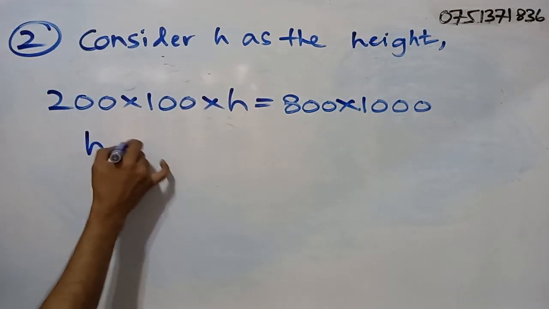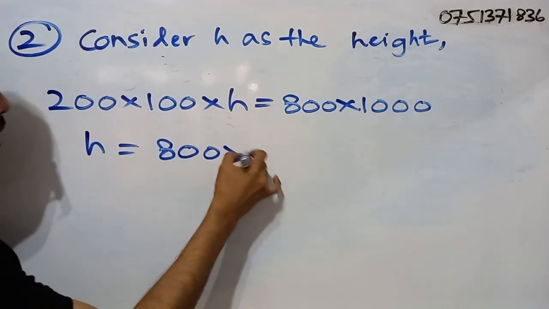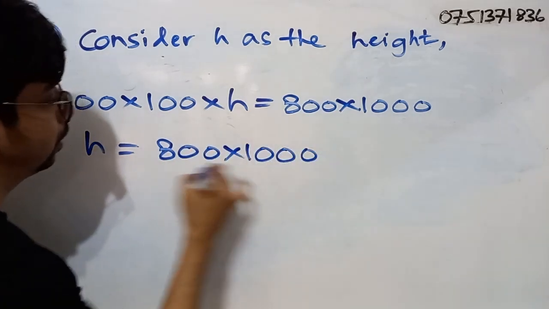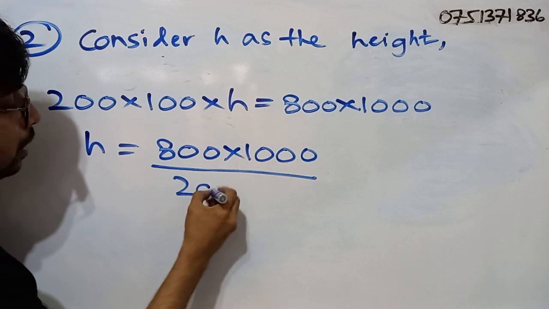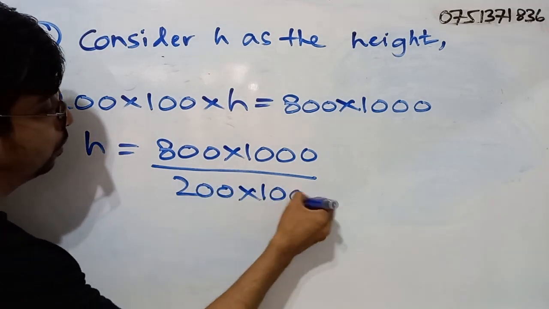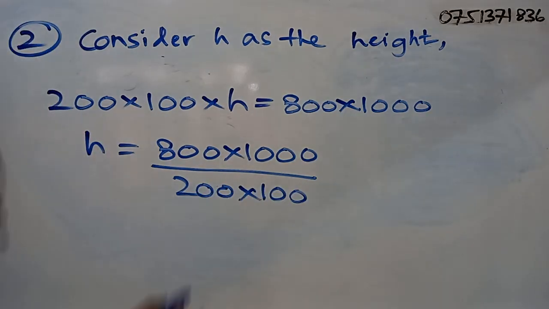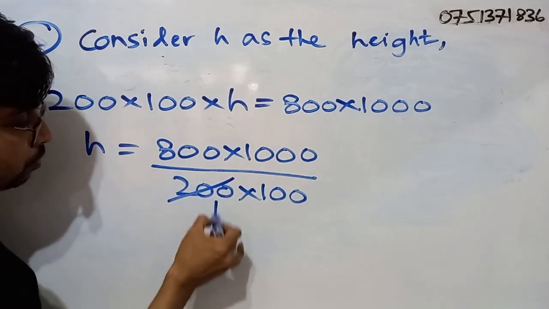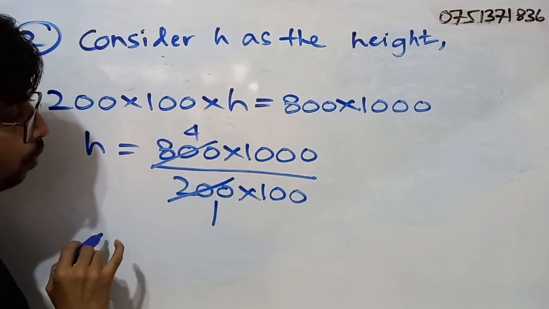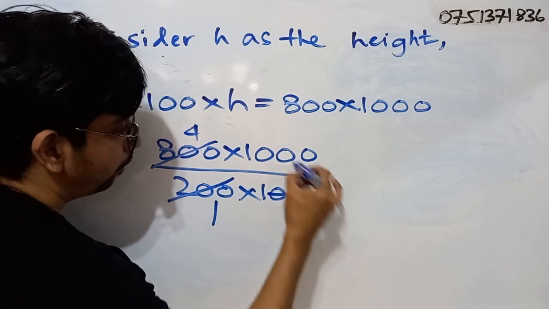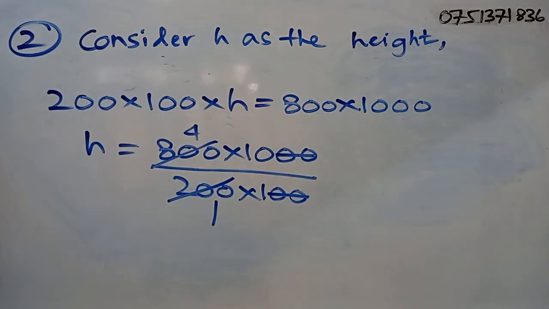So what is simple h? 800 into 1000, divide the whole thing by 200 into 100, right? So 200 times 1, 200 times 4. So I can easily cancel off these two zeros to these two zeros, right?